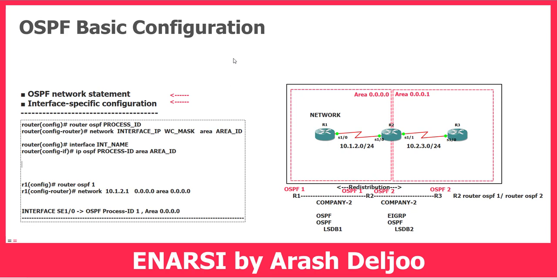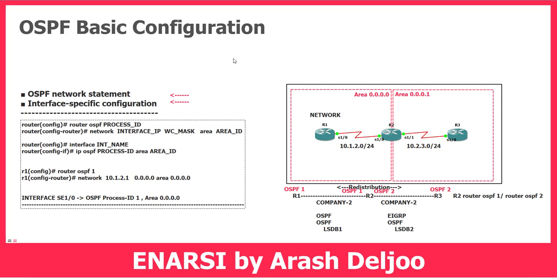Look here. Assume that I'm going to configure router 3's interface inside OSPF. In R3 config, interface serial 1/0. Then in R3 config-if, ip ospf 1 area, for example, 0.0.0.1. That's it.